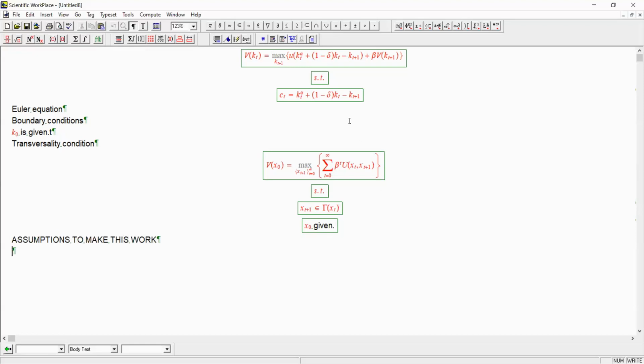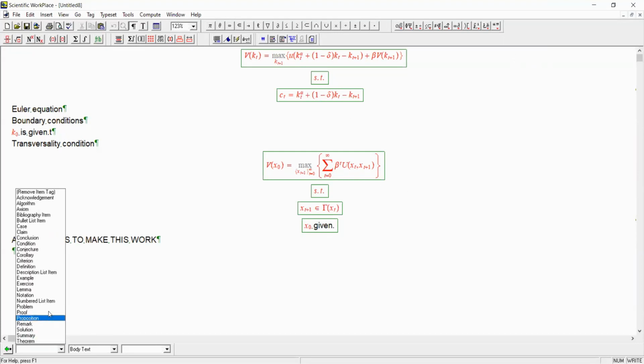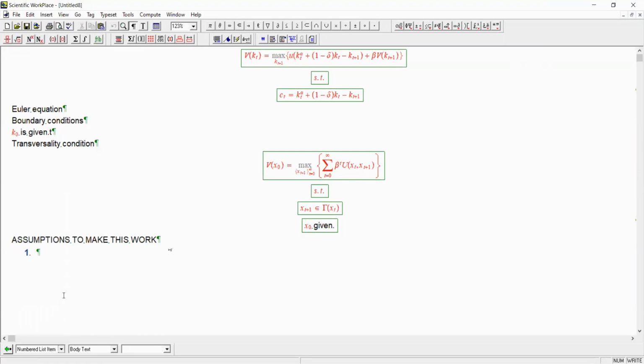So the first assumption is going to be that x is an element of the positive reals, and note that it's to the power L. In other words, this could be a vector.